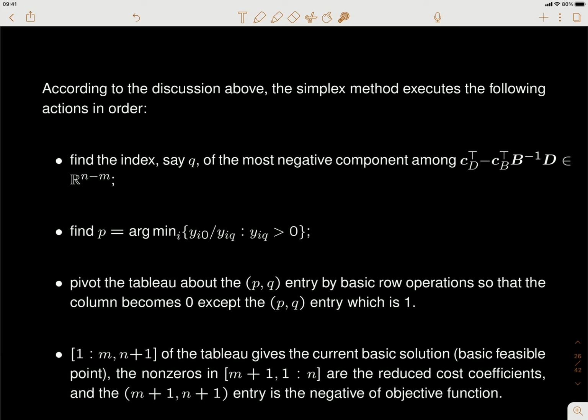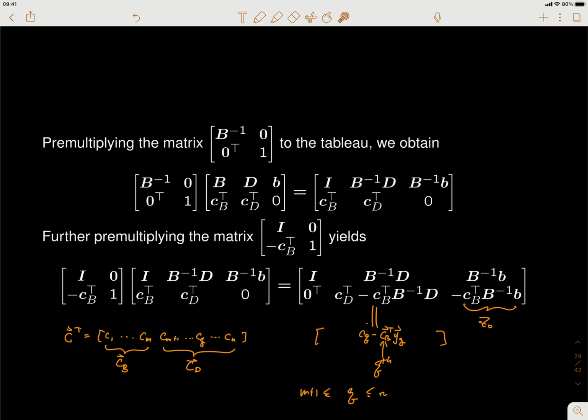Once we decide that Q, we look at the column above it. For example, say this one has the most negative value, then just look at the column above it.